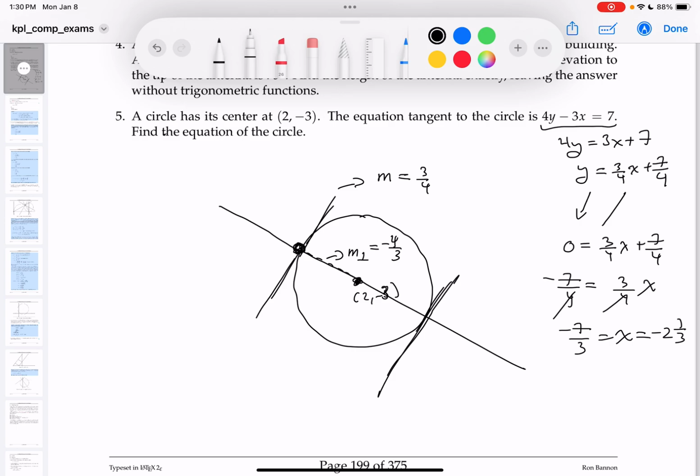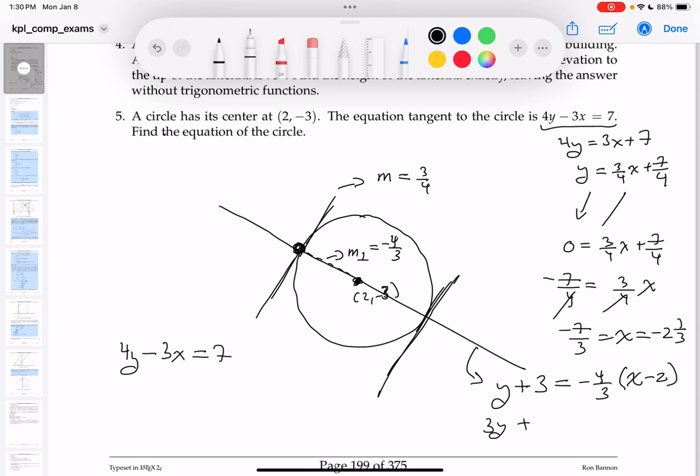The first equation I get is 4y minus 3x is equal to 7. But I want to write the equation of this other line down. How do I do that? It's going to be y minus (-3) equals the slope, minus 4/3, times x minus 2. I can multiply both sides by 3.